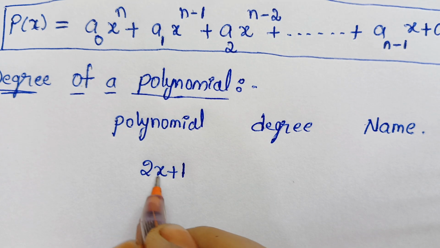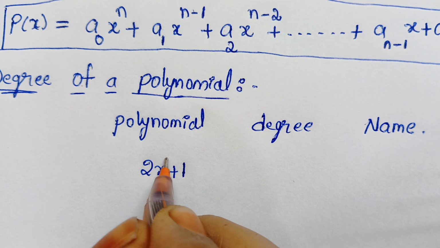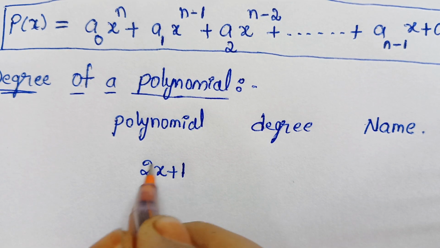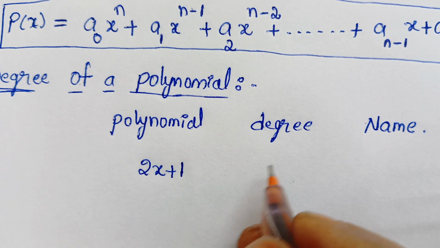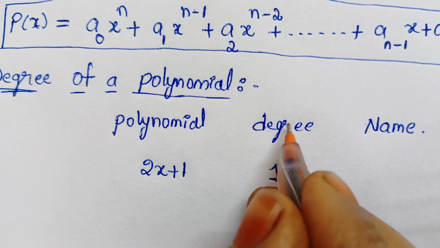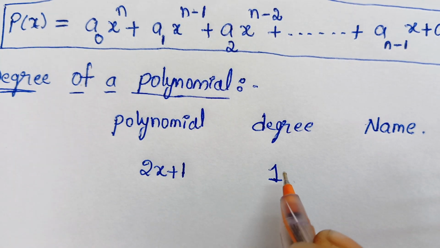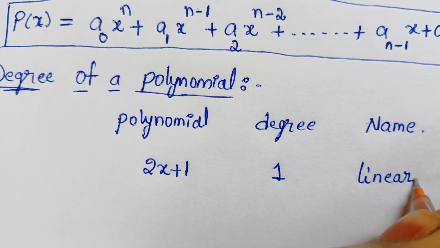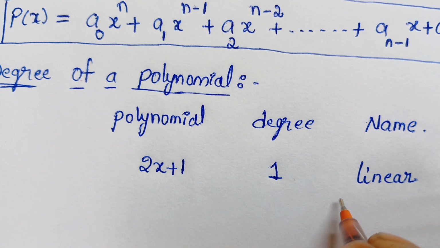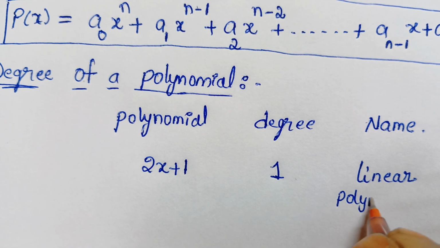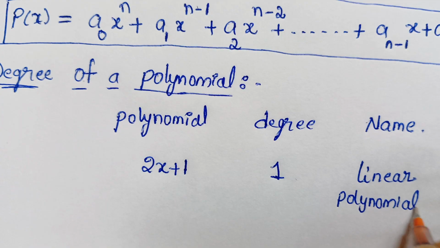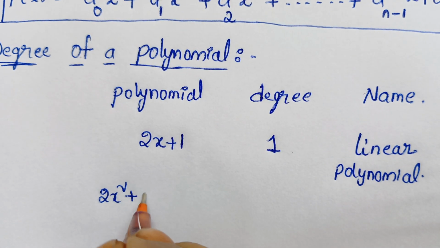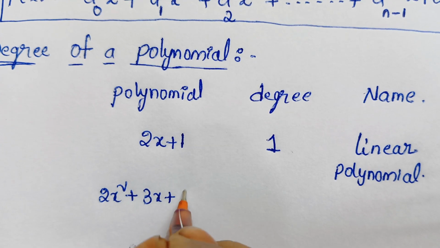In this, the highest power of x is x power 1, so the degree of this polynomial is 1. This is called a linear polynomial. Linear polynomial, okay?